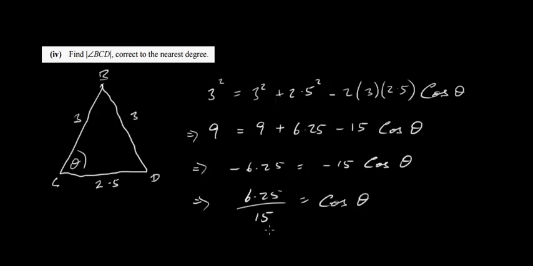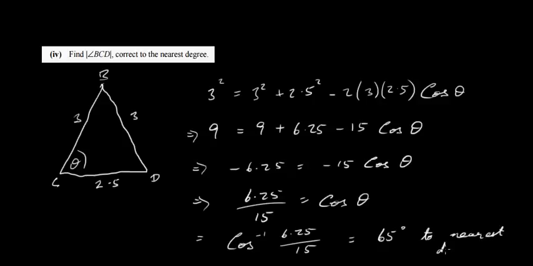So I've got to get cos inverse of 6.25 over 15. And when I work that out, to the nearest degree, I get 65 degrees. So this angle here is 65 degrees to the nearest degree, that's what we were asked to do here. Okay, perfect. So let's move on to the next one.